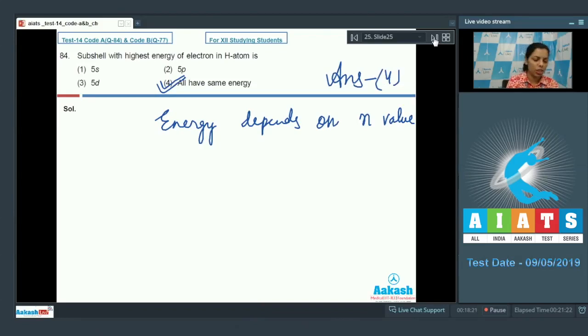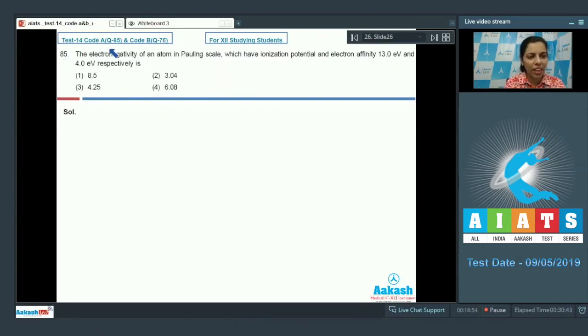Let's take the next question. Now question number 85: the electronegativity of an atom on the Pauling scale which has ionization potential and electron affinity of 13 electron volt and 4 electron volt respectively. So first of all, we'll find the electronegativity on the Mulliken scale, that is equal to the sum of the ionization potential and electron affinity divided by 2.